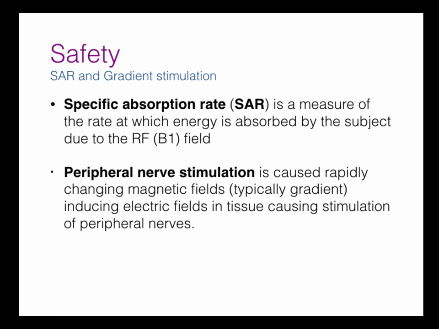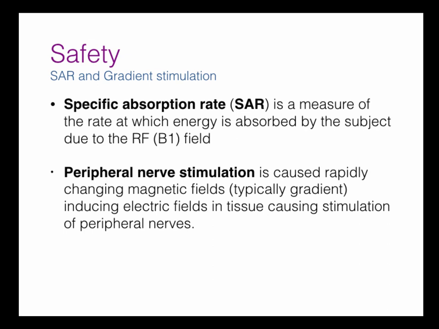Typically the scanner monitors how much SAR has been applied to the subject, and it'll warn you and ask you to derate your sequence and maybe reduce the flip angle if you run into problems with this.